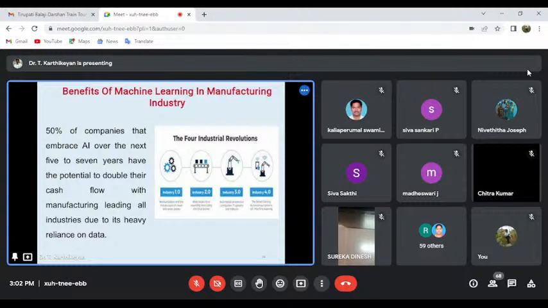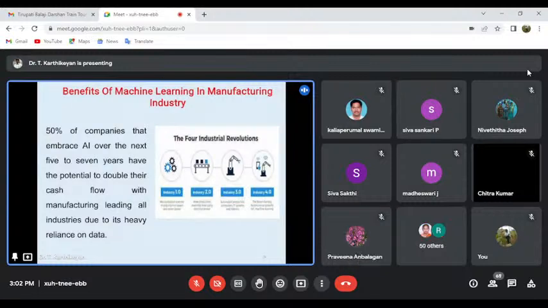So here, when we introduce machine learning into the industry, the first thing we are going to see is the availability of data. When more data is available, the accuracy will also increase. The accuracy is directly proportional to the data availability.